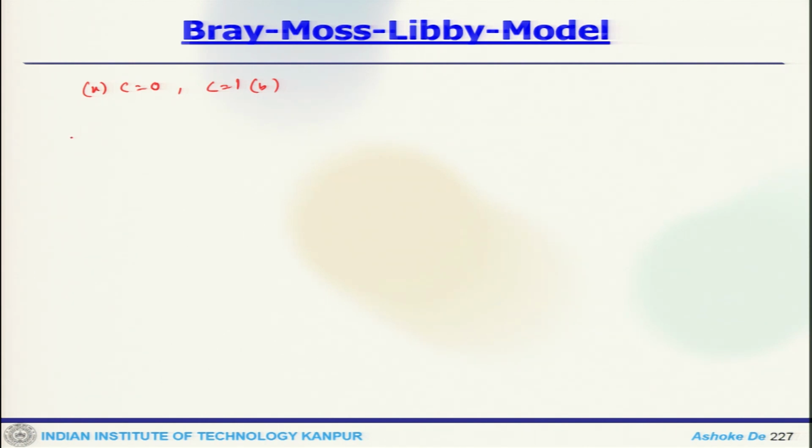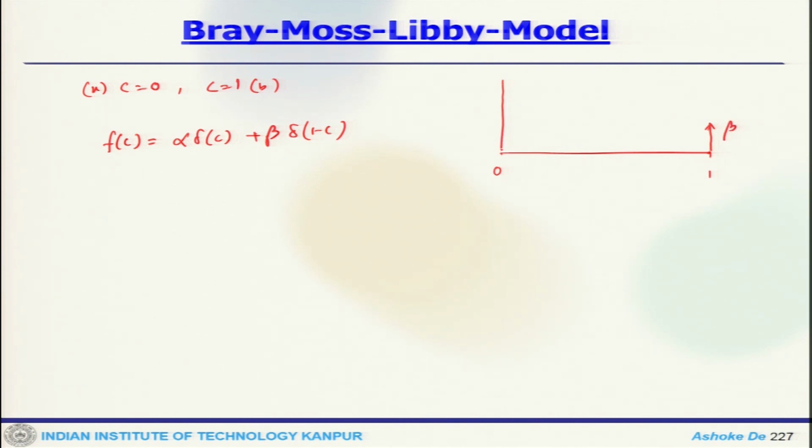So, the probability density function Fc would be alpha delta C plus beta delta 1 minus C. So, if we put that thing, this is 0, this is 1, this is beta, and this is how you get alpha Fc 1, and this is C.